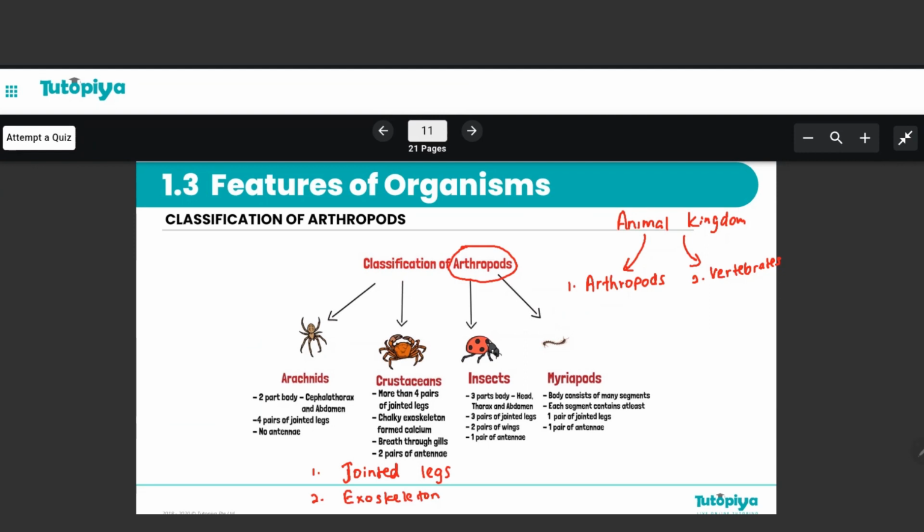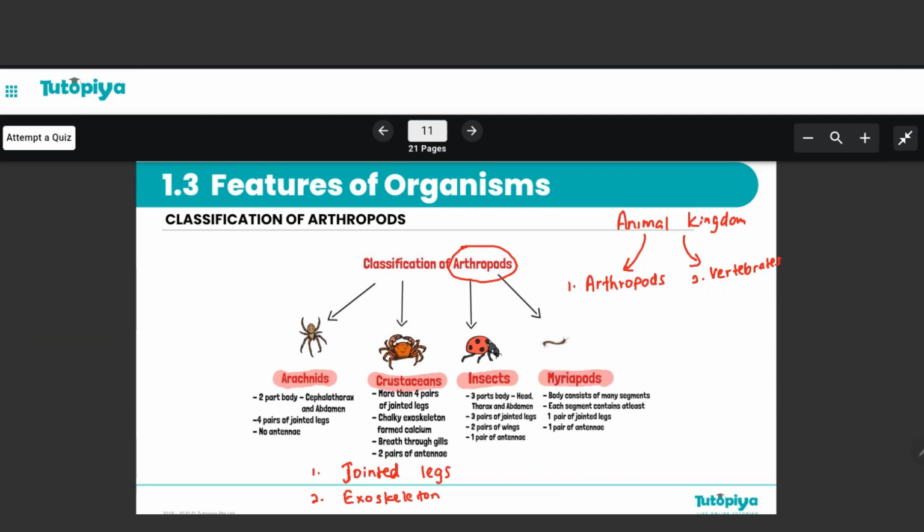And now let's take a look at the subdivision of arthropods, the groups within arthropods. So when we learn about the arthropods, there are basically 4 other groups within the arthropods. There are a set of arthropods called the arachnids, and there's another set of arthropods called the crustaceans, and there are these other arthropods called insects, and finally the 4th group are the myriapods.